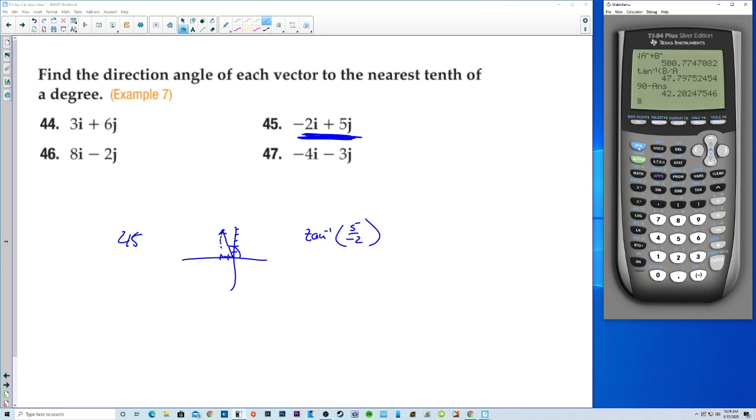So let's do inverse tangent of 5 divided by -2. So -68.198. It's actually saying that the angle is down here, which it's not. We know it's in quadrant 2 rather than in quadrant 4. We have to add 180 degrees to this. And so the answer we're looking for is 111.8 degrees to the nearest tenth.